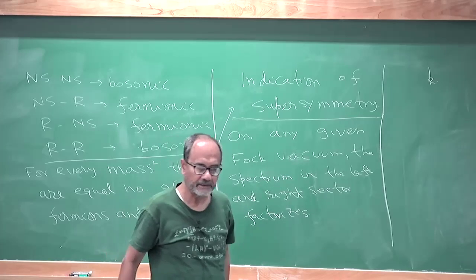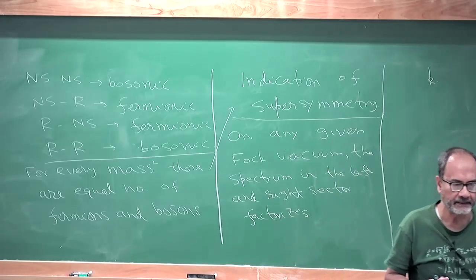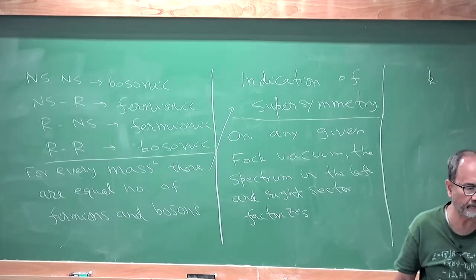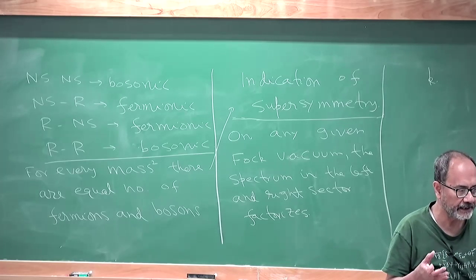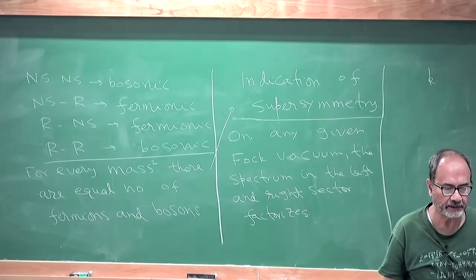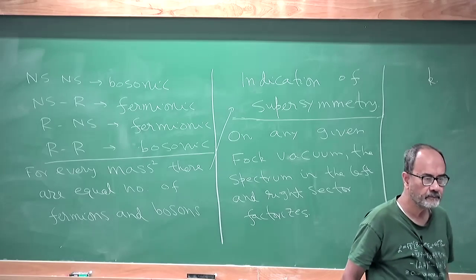The full Hilbert space is a product of the Hilbert space on the left and the Hilbert space on the right. You create the Hilbert space on the left by using the alpha tilde and b tilde oscillators, and you create the Hilbert space on the right by using the alpha and the b oscillators. This is when you consider all these four sets.